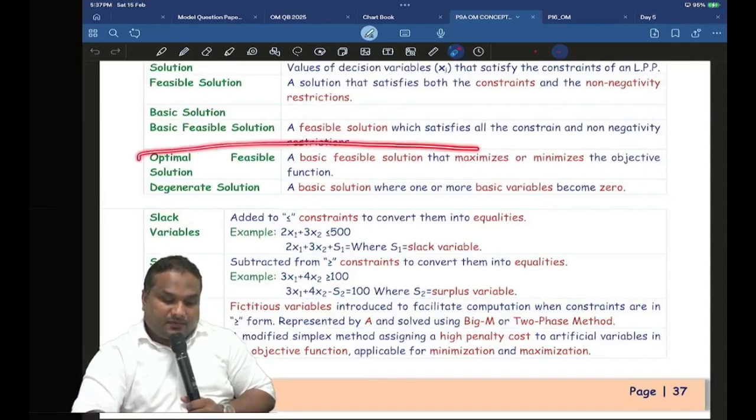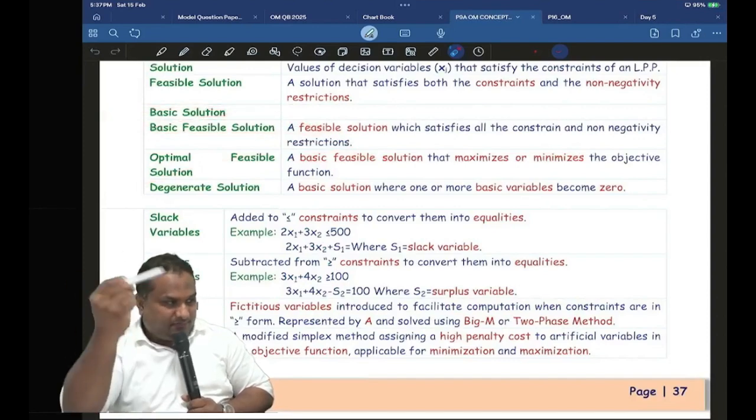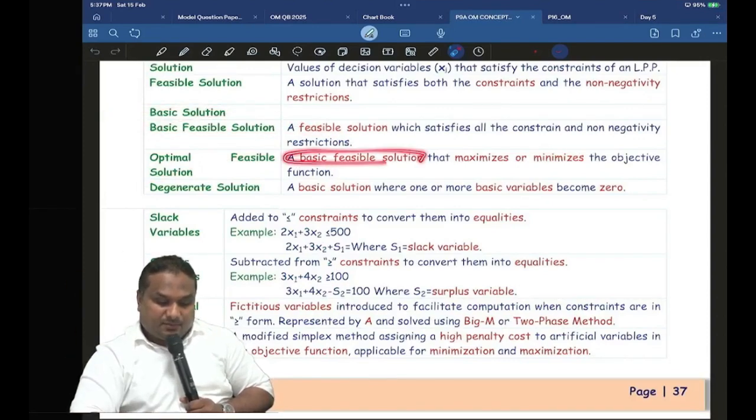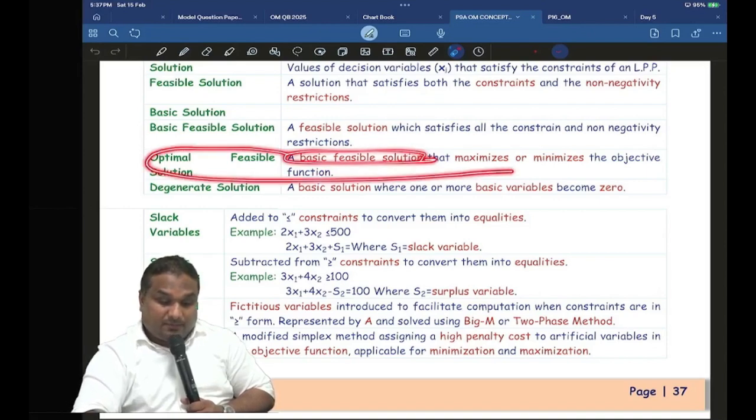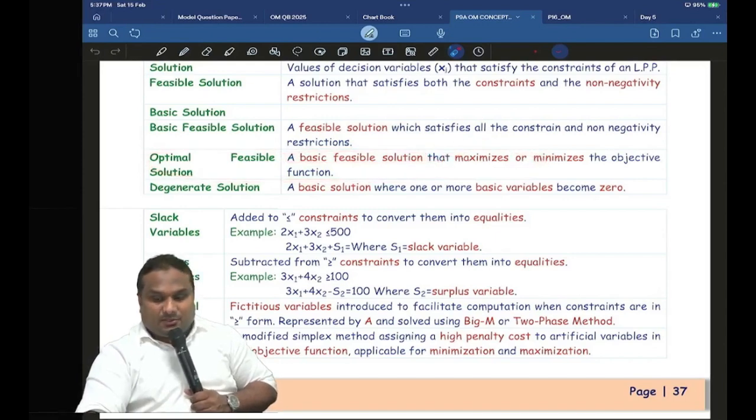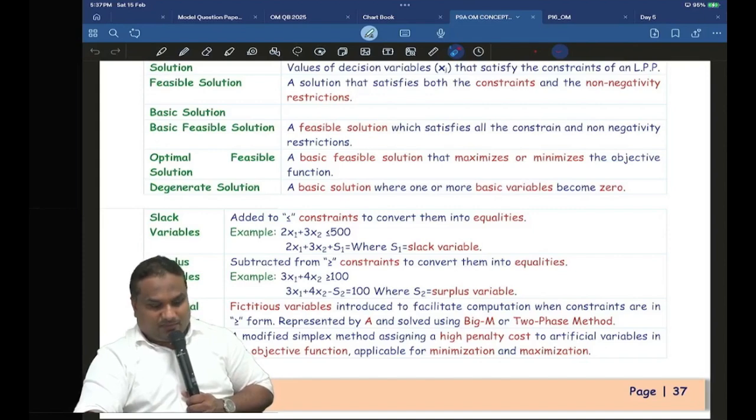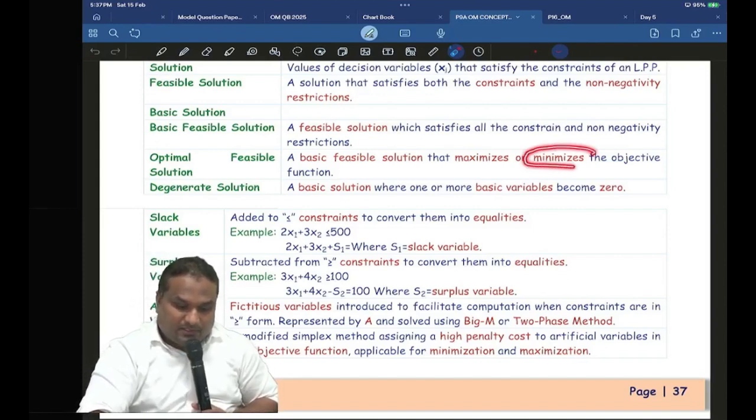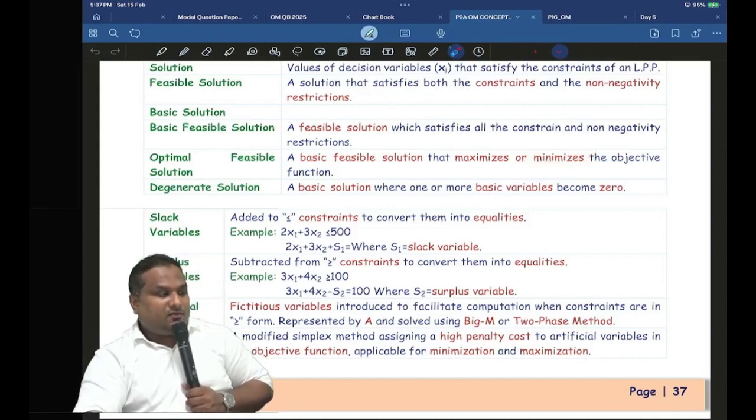Among the basic feasible solutions, the one that maximizes profit, or if it is a cost related question, the one which minimizes the cost, is called the optimal solution. What is that? Optimal solution.